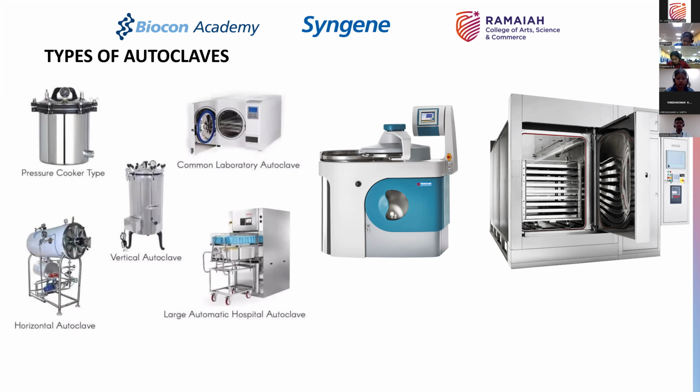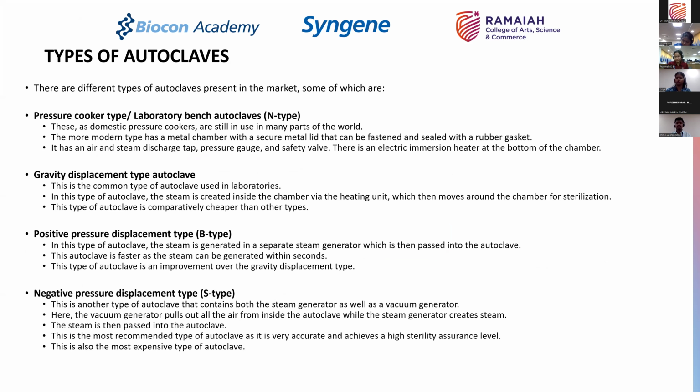But let us get into the technical classification that is used first to define the autoclaves based on the type of the autoclave itself, which is primarily a dependency on the function. So there are different types of autoclaves present in the market, and there are four major criteria based on which these are classified.